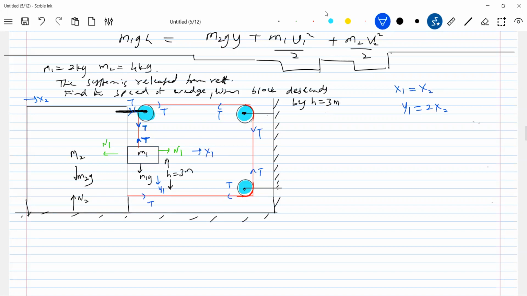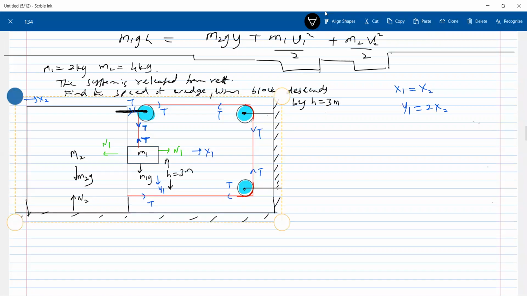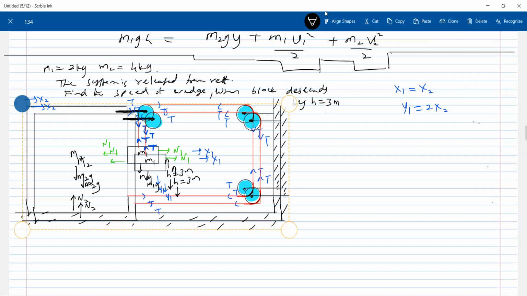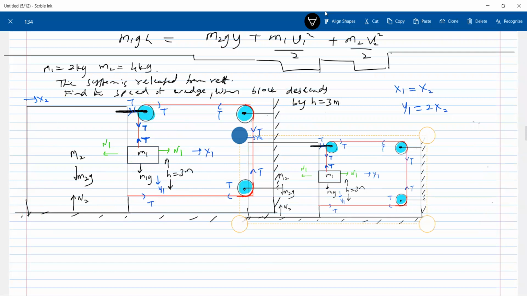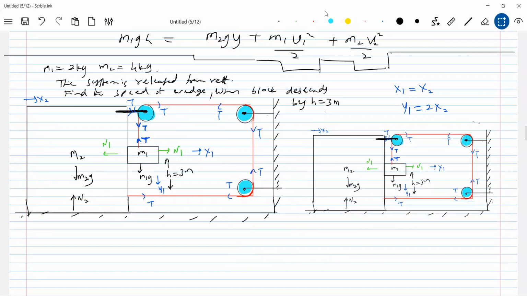So with this, we'll also get a relation between the velocities, no? The speed of the blocks. I'll take one more diagram. Here I'll show only velocities.